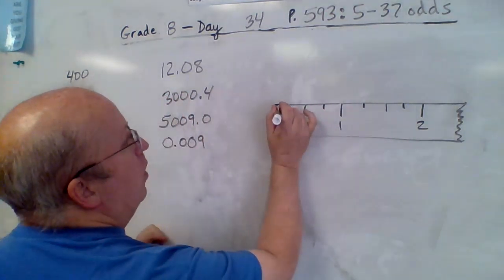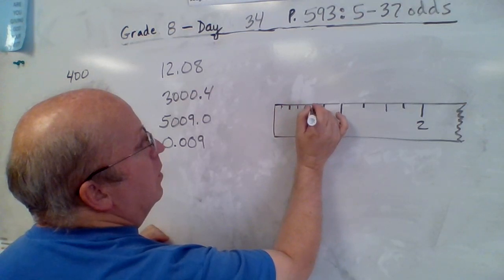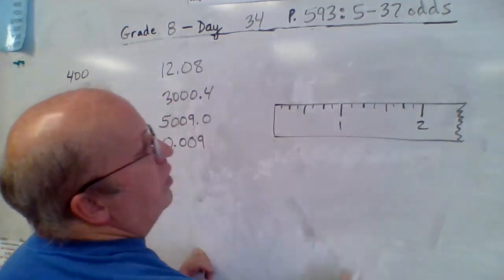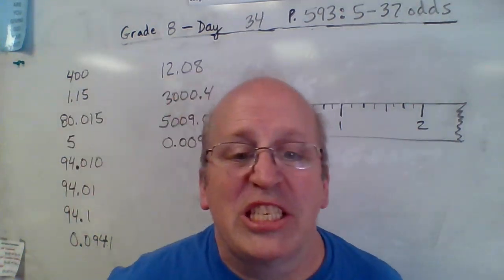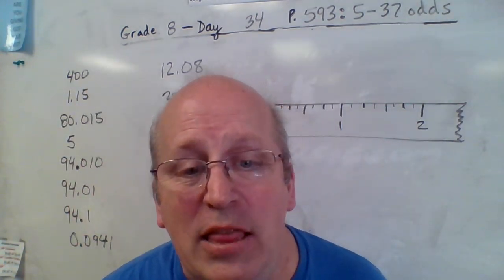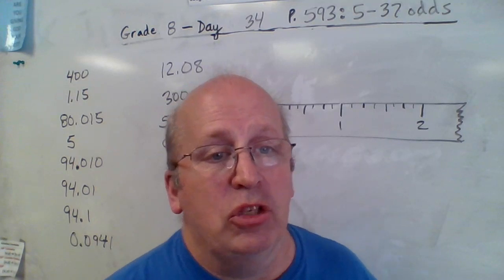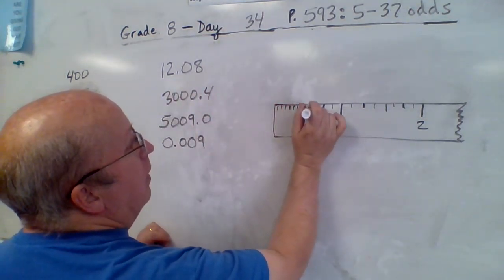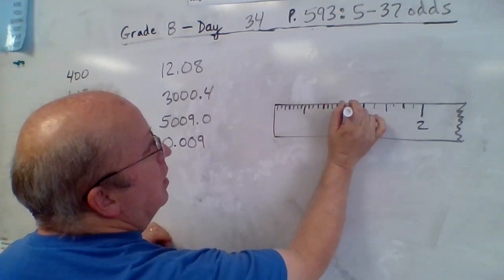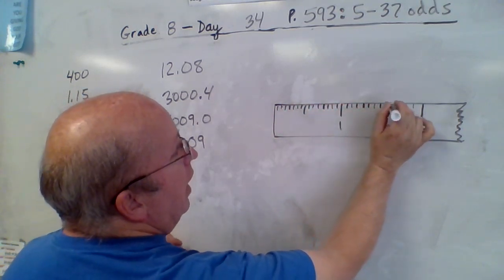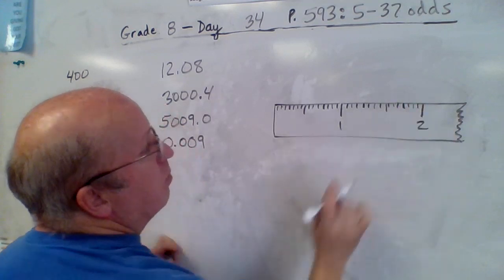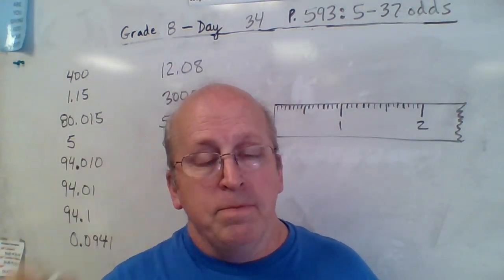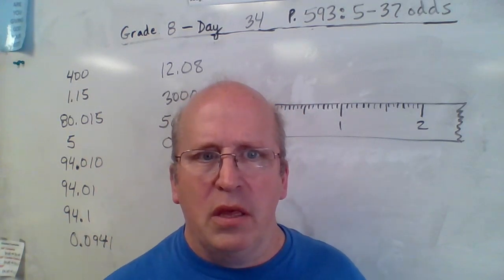If I keep going, I'm putting marks in between each of those quarter-inch marks. Now it's precise to the nearest eighth of an inch. If I keep going and I put more marks, now we have a device that's precise to the nearest 1/16 of an inch. Okay, hopefully that helps you think through that.